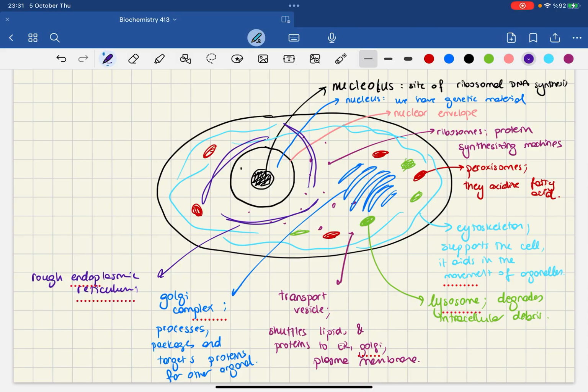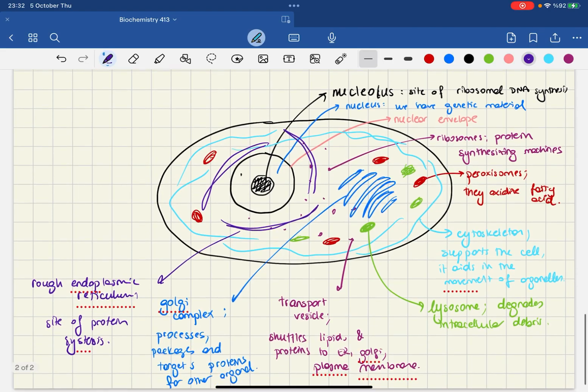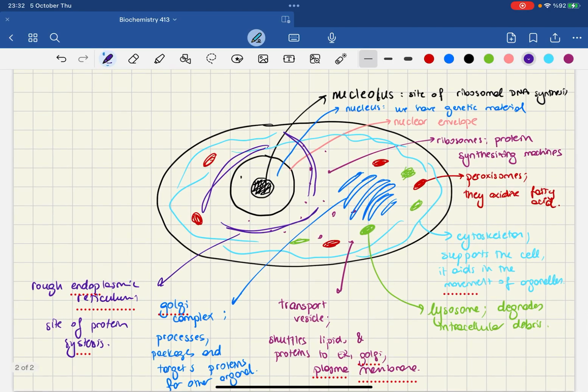It is the site of protein synthesis. So what was responsible for synthesizing proteins? It was ribosomes, right? So we drew the ribosomes with this color. The ribosomes are actually on top of the rough endoplasmic reticulum. We can just draw them attached, because they have the same function.